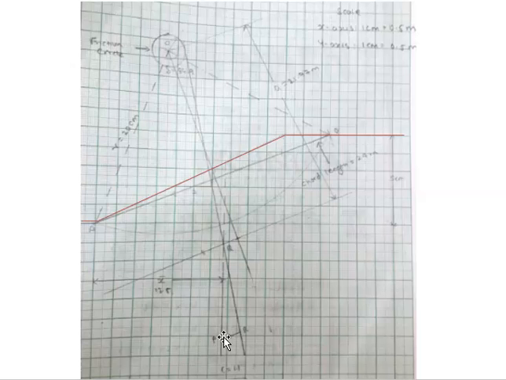Then we have to draw a line parallel to the chord by taking a distance A from point O. So at a distance of A, we can draw the line parallel to the chord. So that represents the total cohesive force.